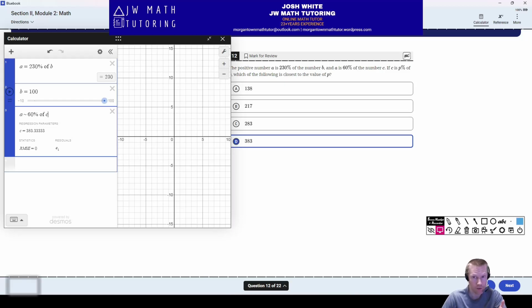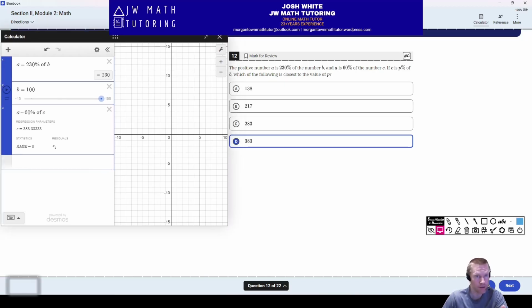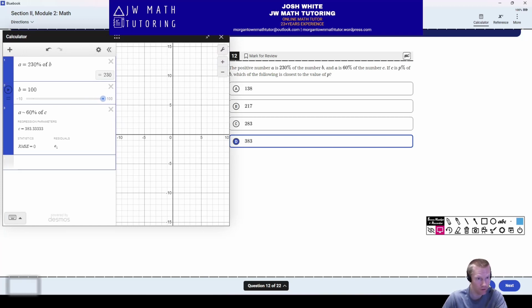Okay? And the reason is because since I defined C as T% of B, and B, well, sorry, C is P% of B, that's given. But because I defined B as 100 in the problem, basically, this number right here is going to be my correct answer.